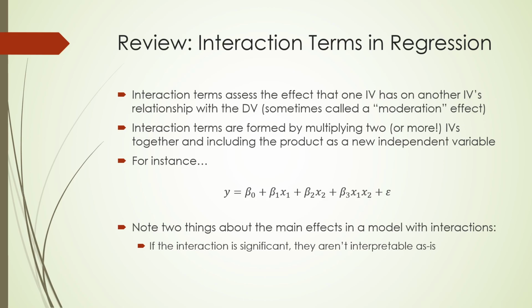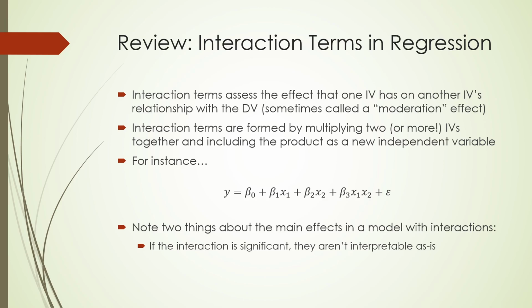That is, I can't just say x1 is related to y if there's a statistically significant interaction with x2. It really depends on what the value of x2 is. And that's actually the whole definition of the interaction, is that the relationship between x1 and y depends on x2. And similarly, the relationship between x2 and y depends on x1.